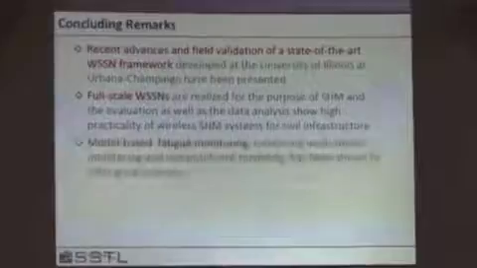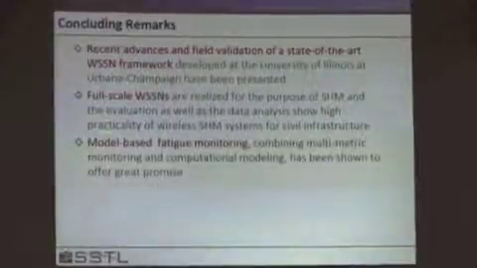So in conclusion, recent advances and field validations of the state-of-the-art wireless sensor network we developed at Illinois, I hope, have been laid out during this presentation. We've shown some of the full-scale deployments that were realized using this particular approach. I also talked about model-based fatigue monitoring.